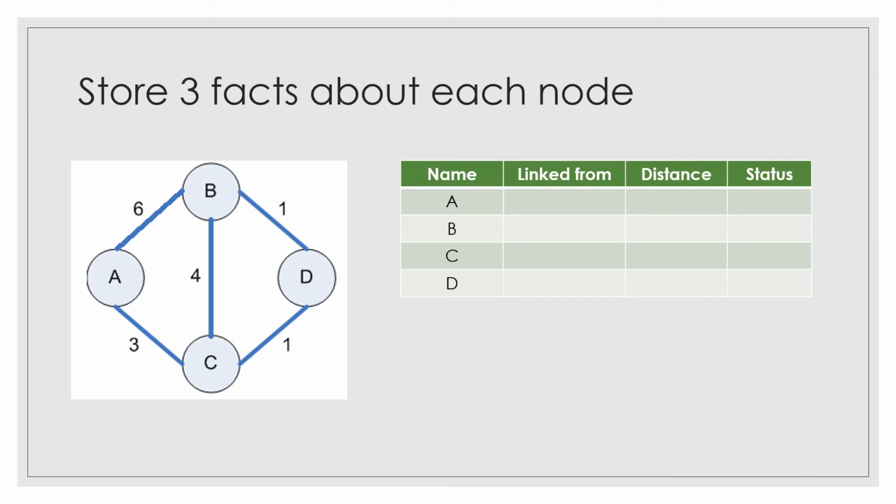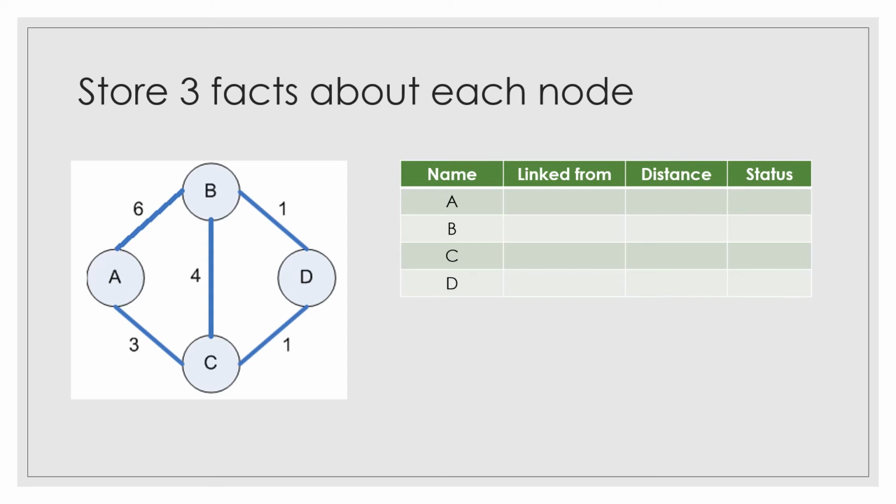It works, and all we need to do is to record 3 facts about each vertex or node. So what I always do is create an empty table like this. I look at the nodes. In this example, there are 4 nodes, so my table has got 4 rows, and I write in the names of the 4 nodes.